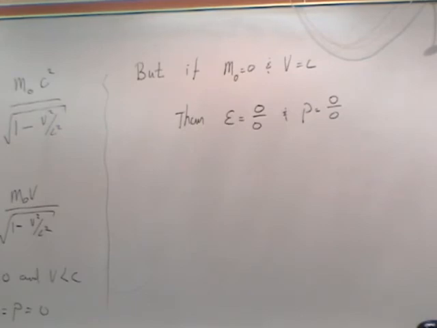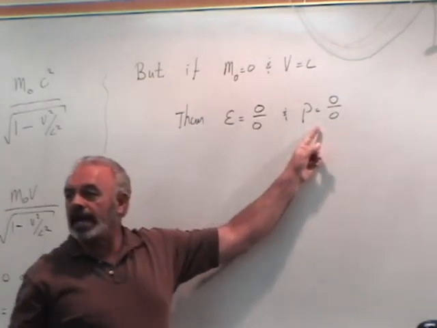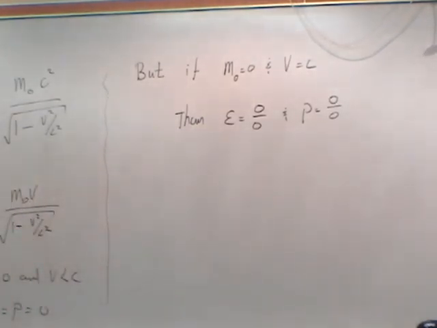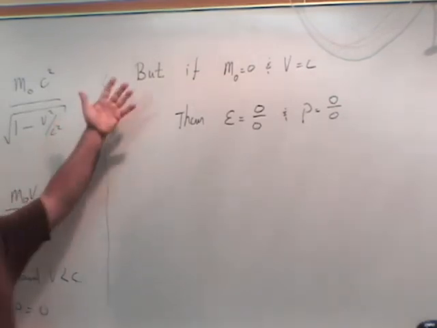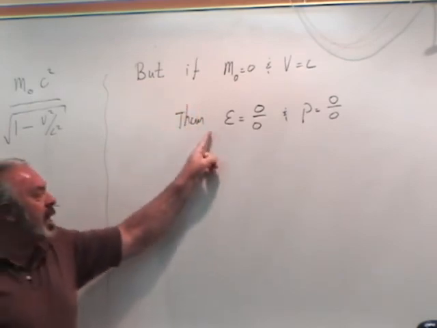Indeterminate. That says E could be real, and p could be some real finite value. Hence, we conclude that if massless particles exist, they can only exist at the speed of light. If they exist below the speed of light, there's no energy, no momentum, you really don't have a particle. If they exist at the speed of light, then there's a chance that you could have an energy and a momentum.